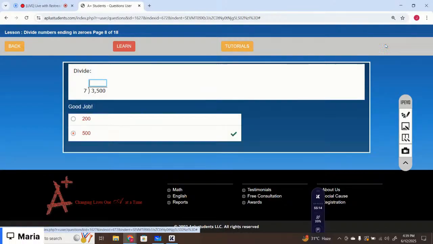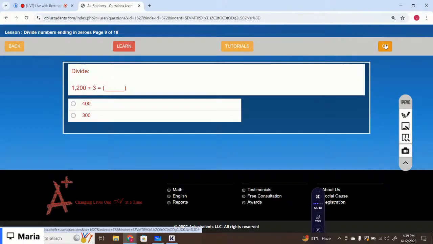Next, divide by 3. Option number one is the correct option, that is 400.